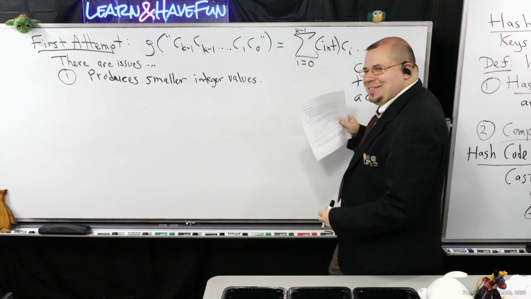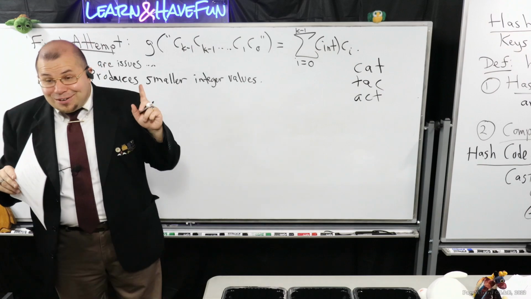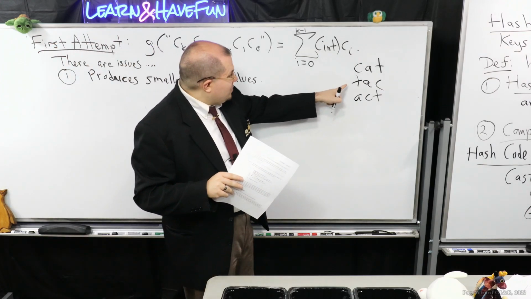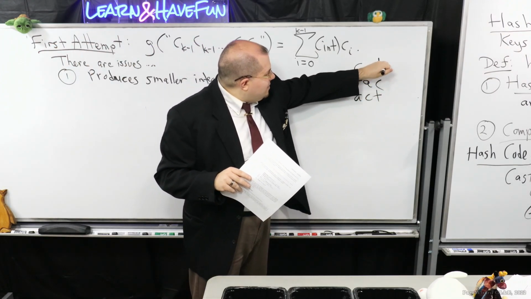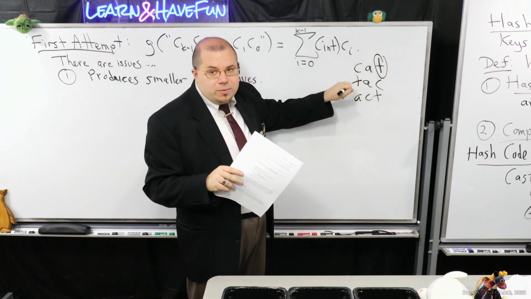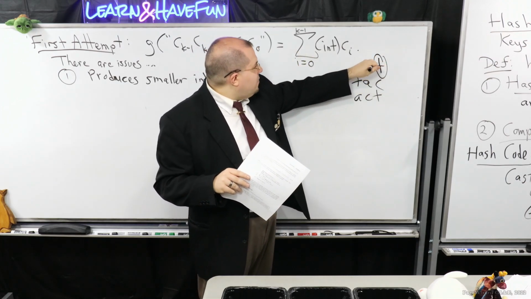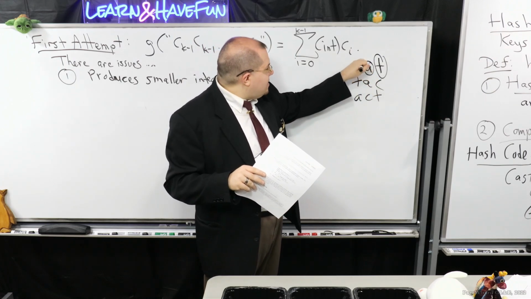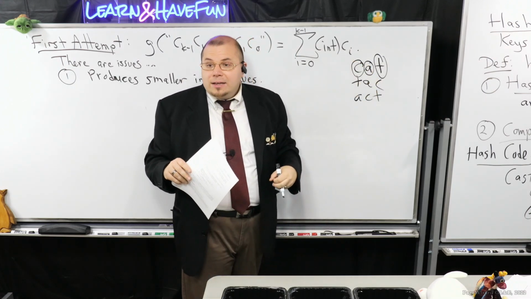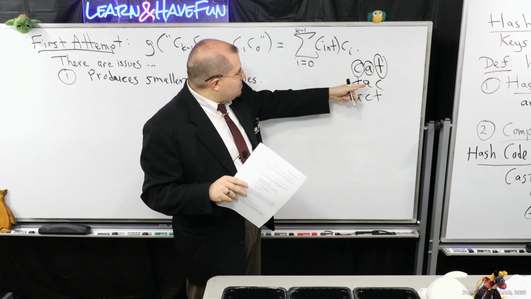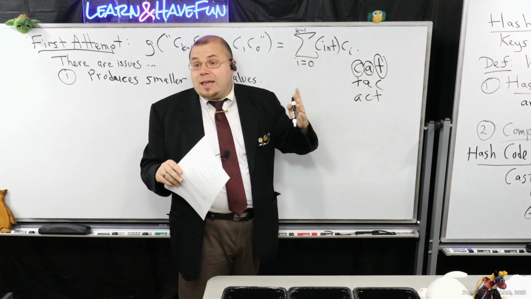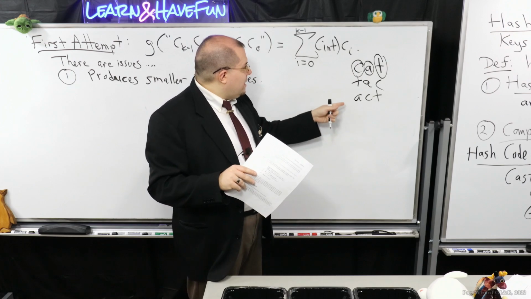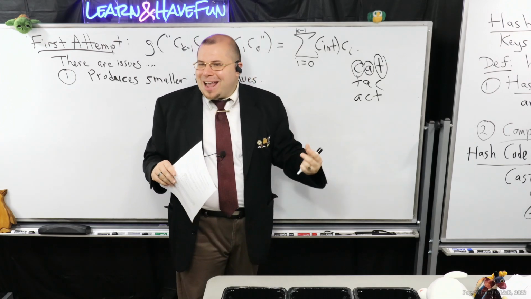Let's think about this. For each one of those, notice that it has the value t, so it's going to contribute the same value to that sum. It's going to have an a in it, because the a is right here, and a c is right here. So tack, if you actually go through this process, is just going to add up to the same value. Likewise, the same thing happens with the word act.